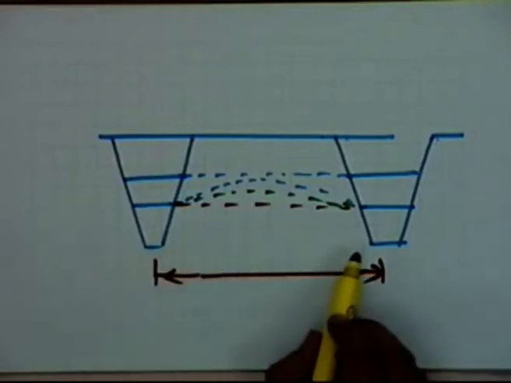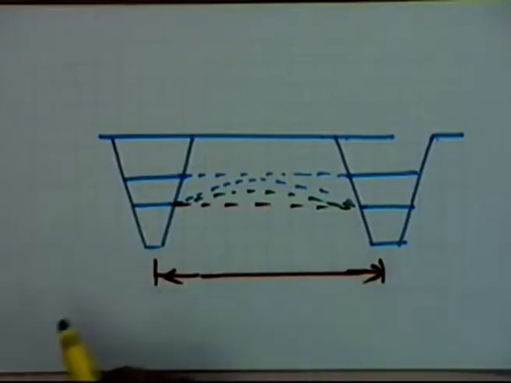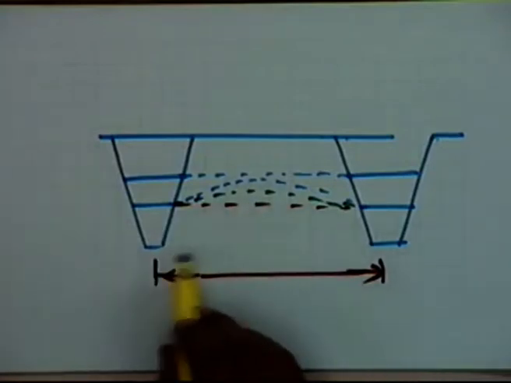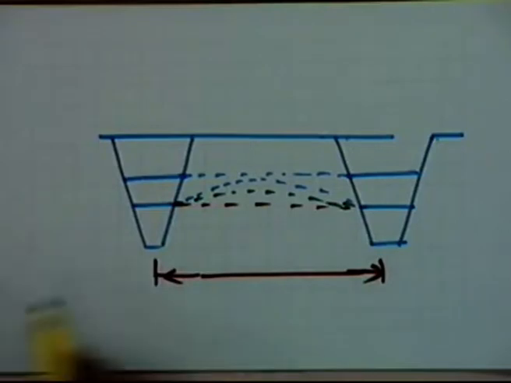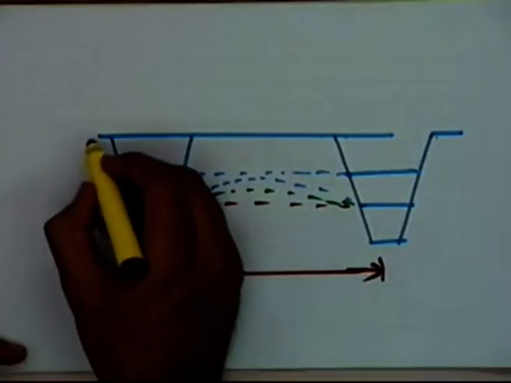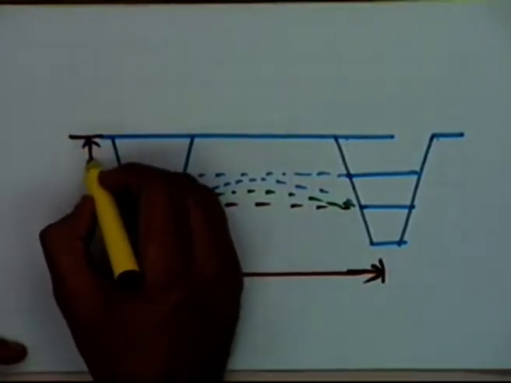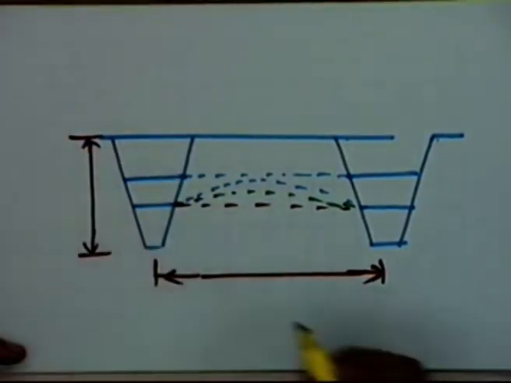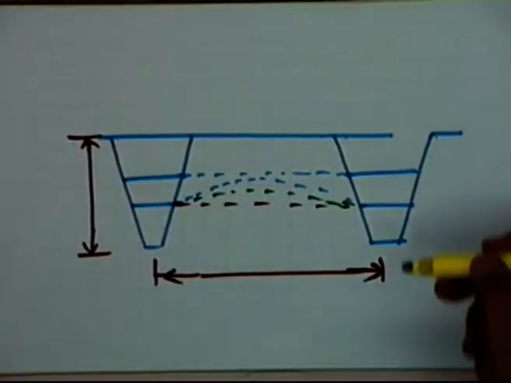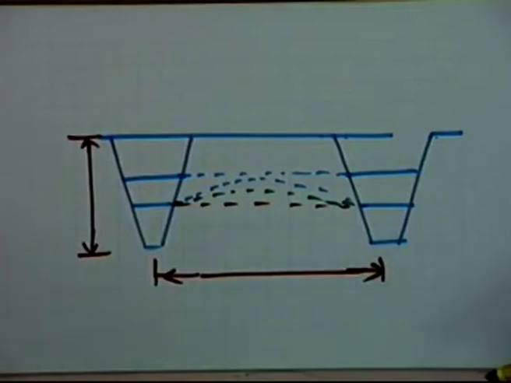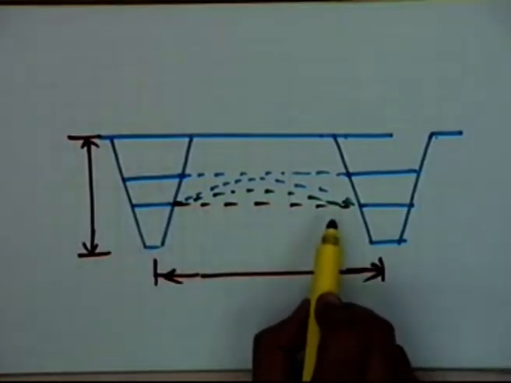What is the hydraulic conductivity of the soil, as that will decide the movement of the water into the soil. So depending on the soil type, you can design what should be the spacing between the ditches. You can also design, the other parameter will be what should be the depth of the ditch, as that will give you the flexibility on up to what level you can control the water depth.